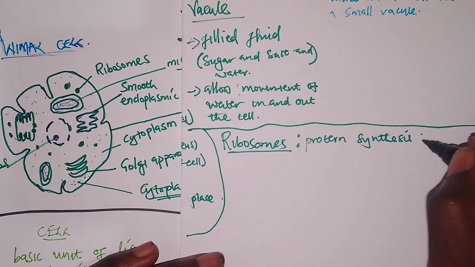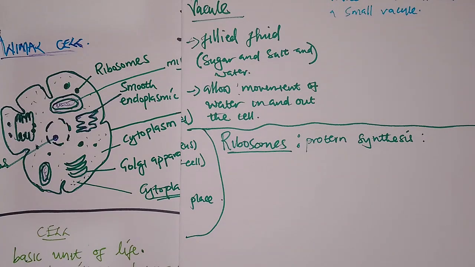What do we mean? The manufacturing or the production of proteins is done in the ribosomes. Yeah. So whilst talking about ribosomes, we can move on to our next structure, which is connected with the ribosomes.